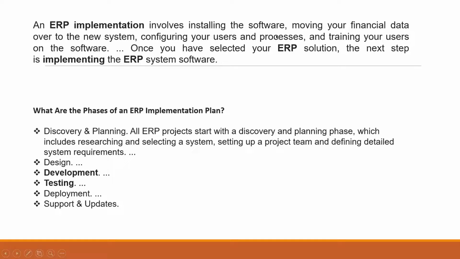When we say processes, we already covered record to report, like all the GL setup which we do, general ledger. That is record to report. Then P2P, procure to pay, where we have learned how to do the payables setup, making the invoices, making the payments.